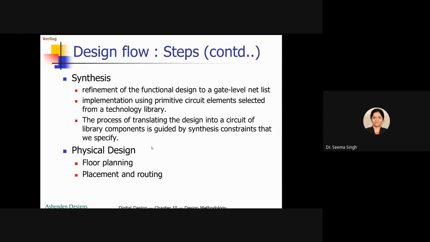If I give a constraint that fewer gates, a lesser number of gates, should be used, then what will happen? It will get connected into a deeper chain, meaning it reuses certain intermediate values. And deeper chain means what? It will have more propagation delay.